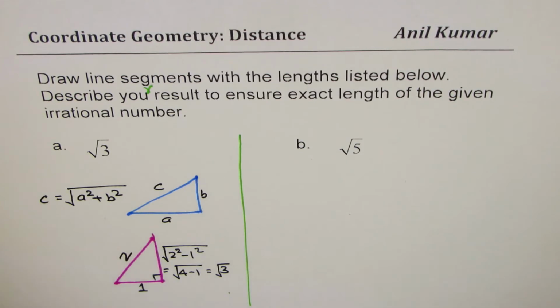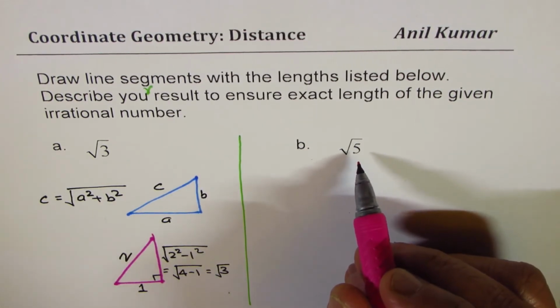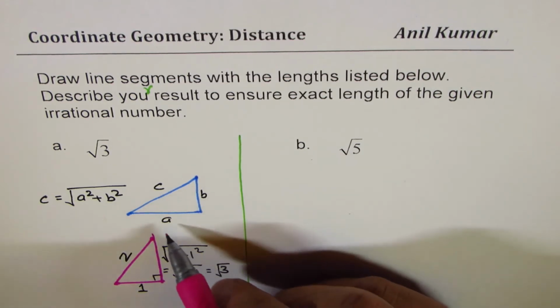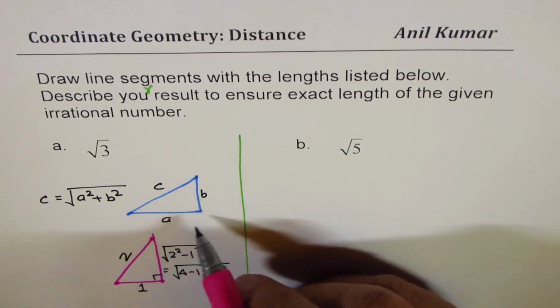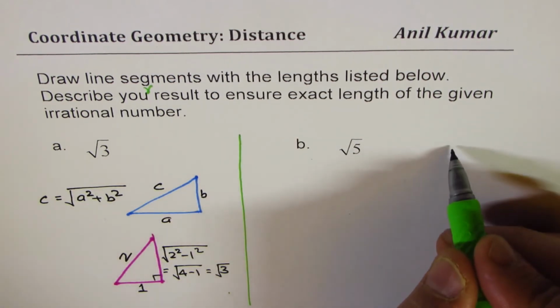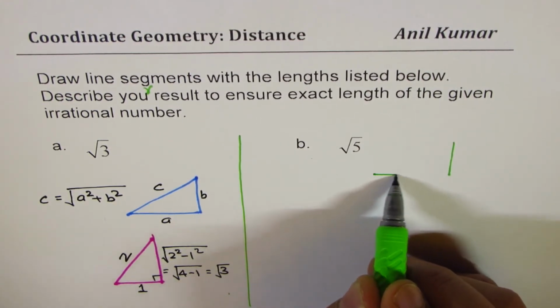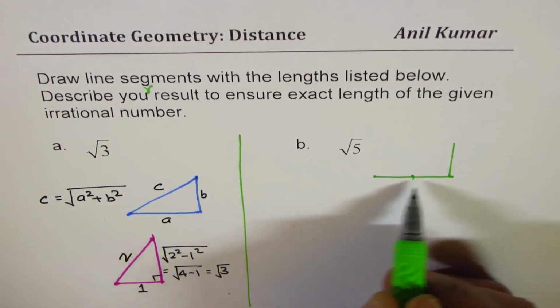Let's look into square root 5. To get square root 5, I'm looking for these squares to be 4 and 1. So that means 2 and 1. So that is easy. So square root 5, I could get if I have unit length as one side and 2 units on the other side, right? So these are 2 units.